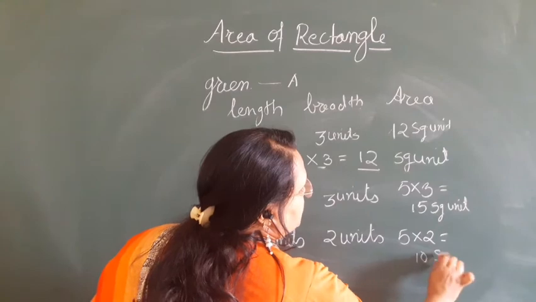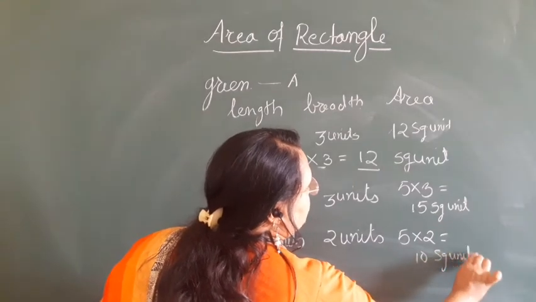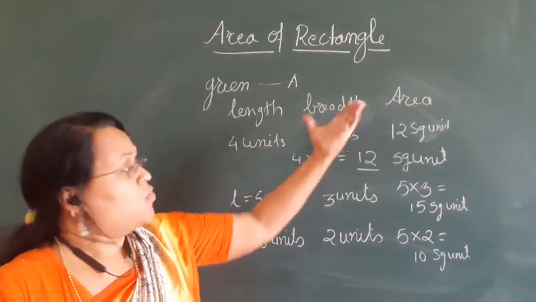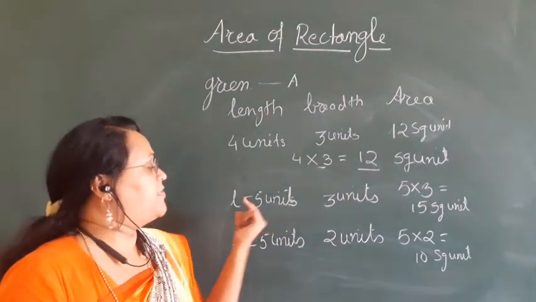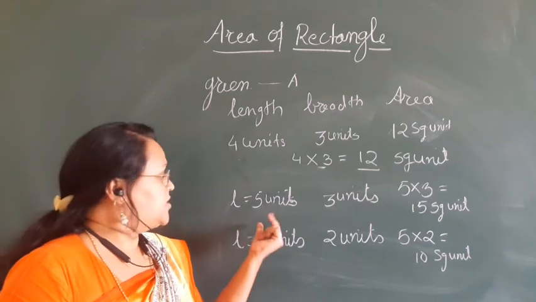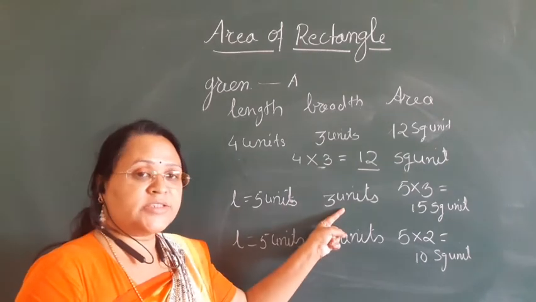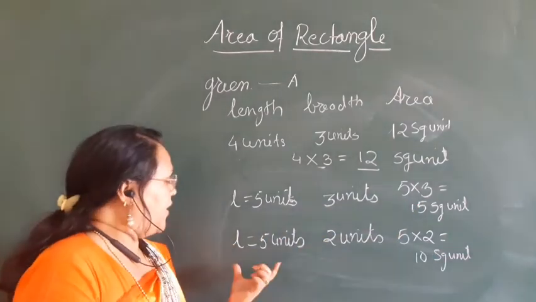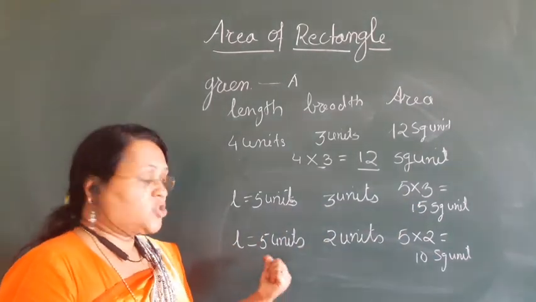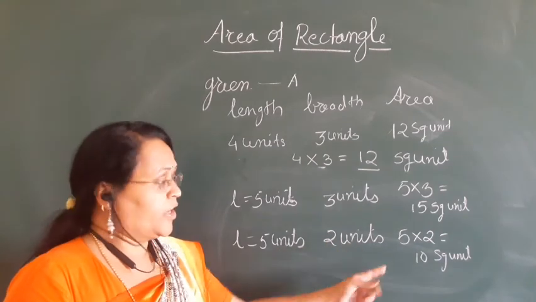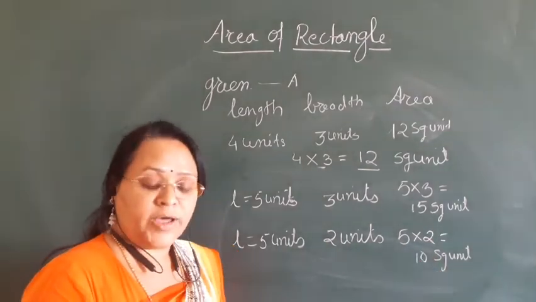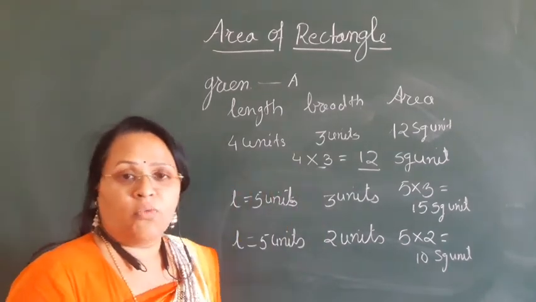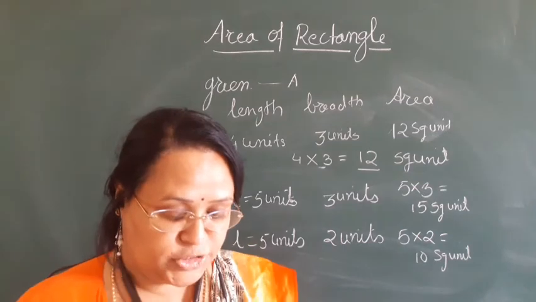So for length, breadth and area: the second has length 5 units and breadth 3 units. Multiplying both, 5 into 3 is 15 square units. The third has length 5 units and breadth 2 units, and 5 into 2 is 10 square units. So these are the tiles that are fixed on the wall in front of the wash basin.